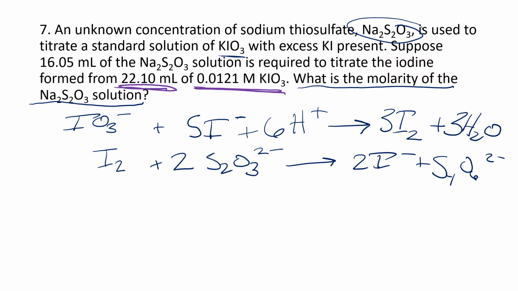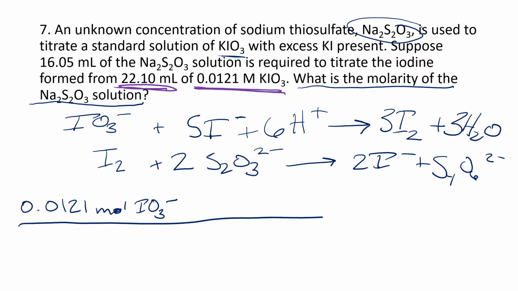So I'm going to start with 0.0121 moles, and I'm going to change KIO3 just to IO3 because it's the same thing, and I also want it to match what's on the reactions underneath. And that's moles per liter. I'm trying to get rid of those liters because I want just moles, because I need to use stoichiometry to go from IO3 to S2O3.